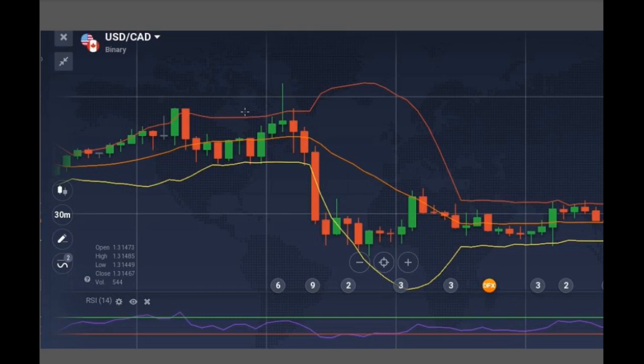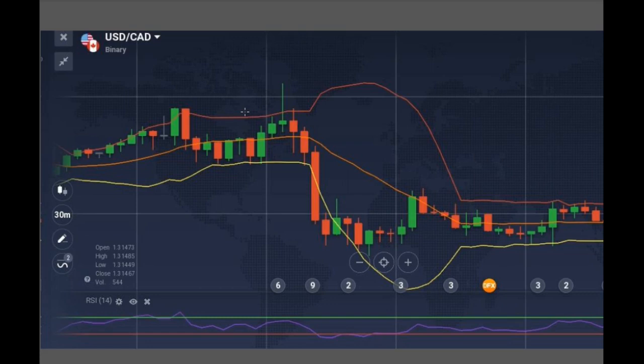Basically you want the hamster pattern to form, and then you want to set an expiration time of 30 minutes.